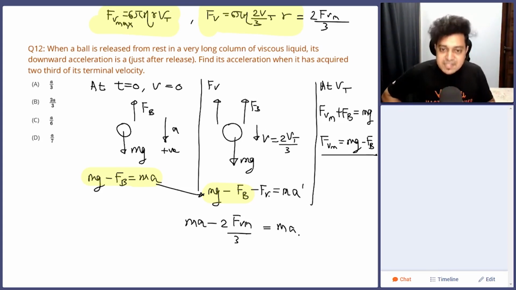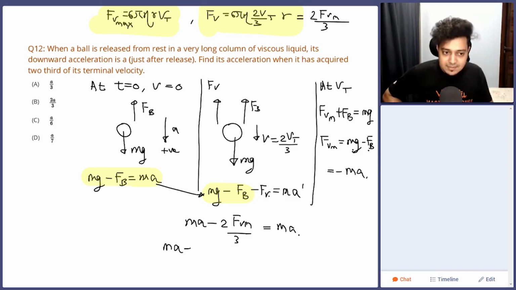Now the viscous force at maximum value will be replaced by this function. If you notice carefully, we can rearrange this. We can take minus common. This will be Fb minus mg, and Fv minus mg is equal to minus ma.